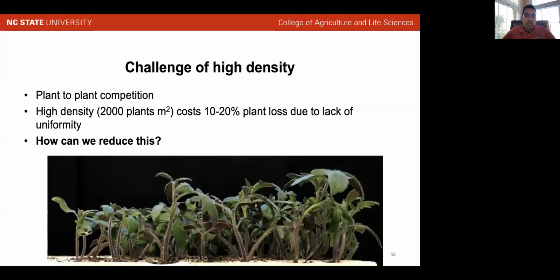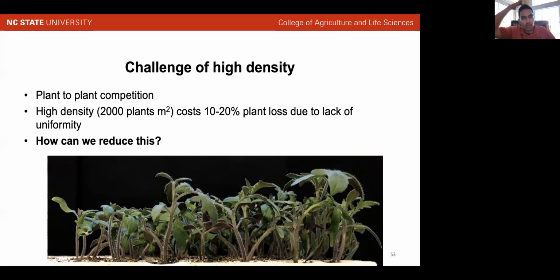So what we wanted to do is create a spectrum that can minimize the lack of uniformity. In a preliminary study, we found that if you grow plants at 2,000 plants per square meter, you have between 10 to 20% plant loss due to the lack of uniformity.